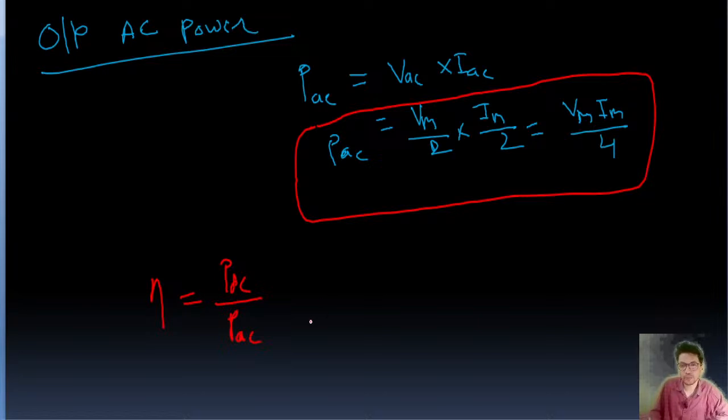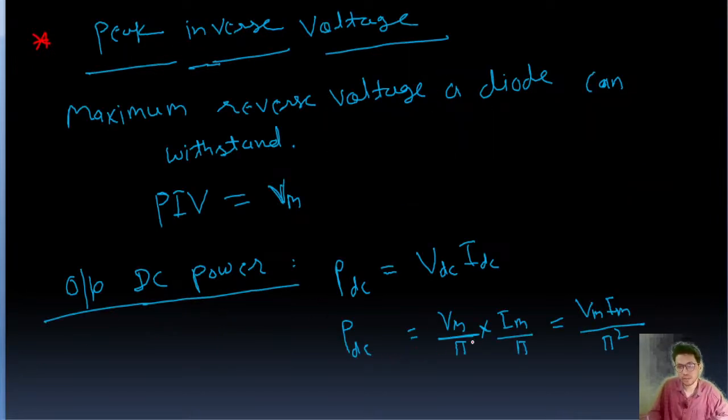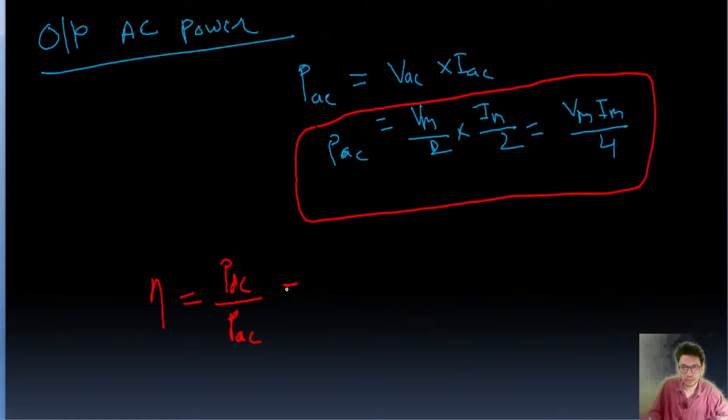We know both values. Here the PDC value is this, so if you put the values, this is going to be 4 upon pi square, and that value is 40.53%. So this is the efficiency, 40.53% for half wave rectifier.